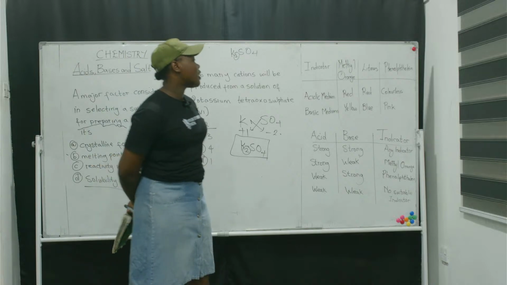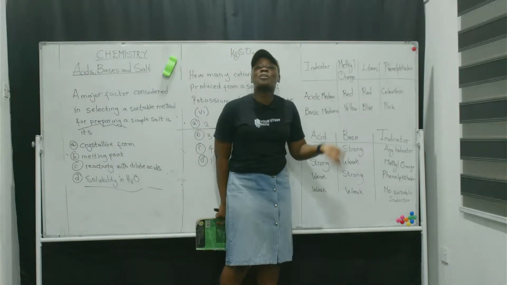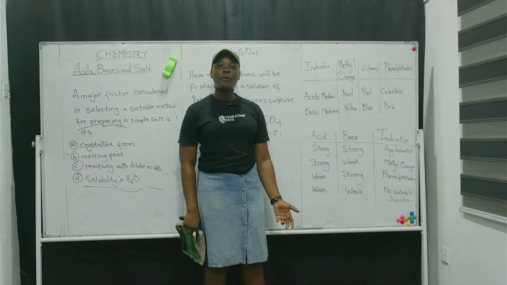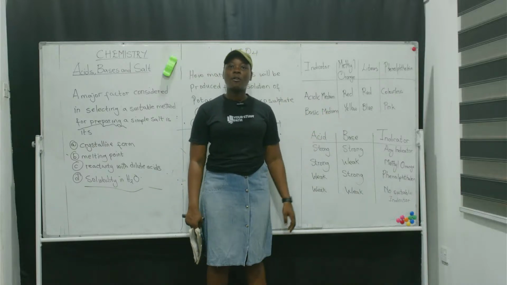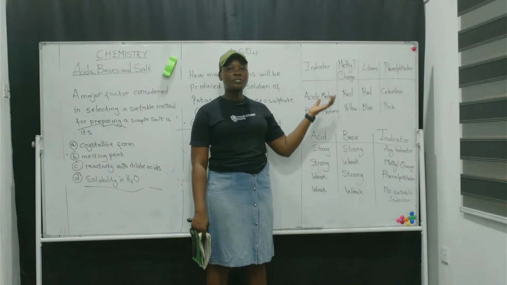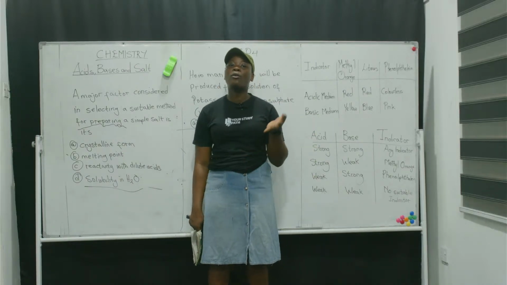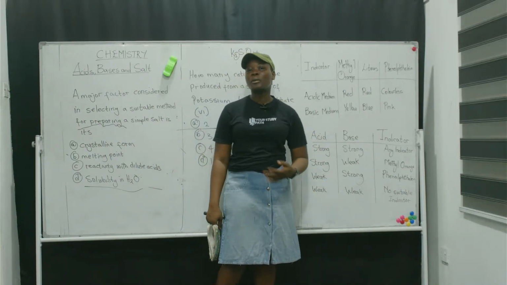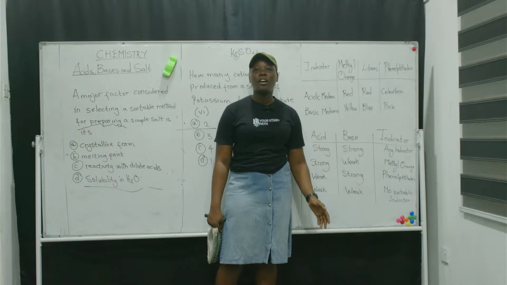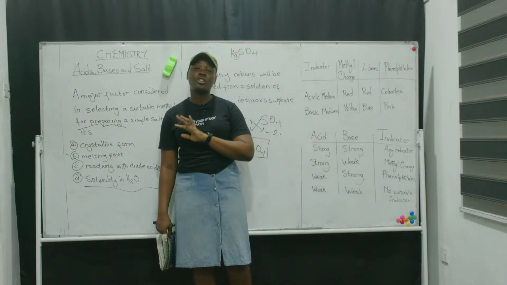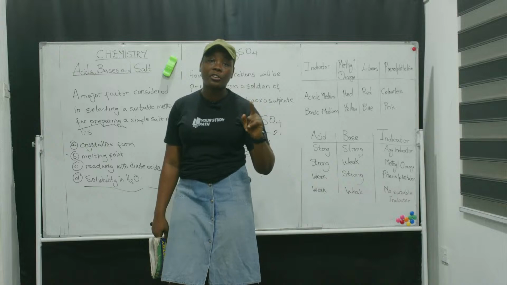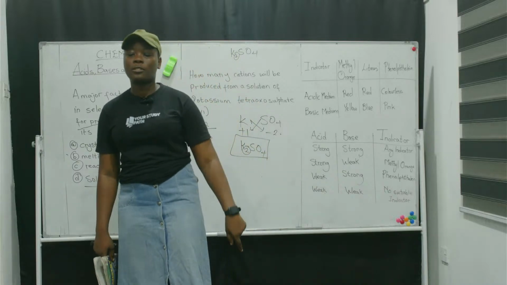So for acidic medium, litmus paper and methyl orange are red, while phenolphthalein is colorless. Whereas basic medium is yellow, blue and pink. So basic medium has a variety of colors, whereas acidic medium is just red, except phenolphthalein, which is colorless.